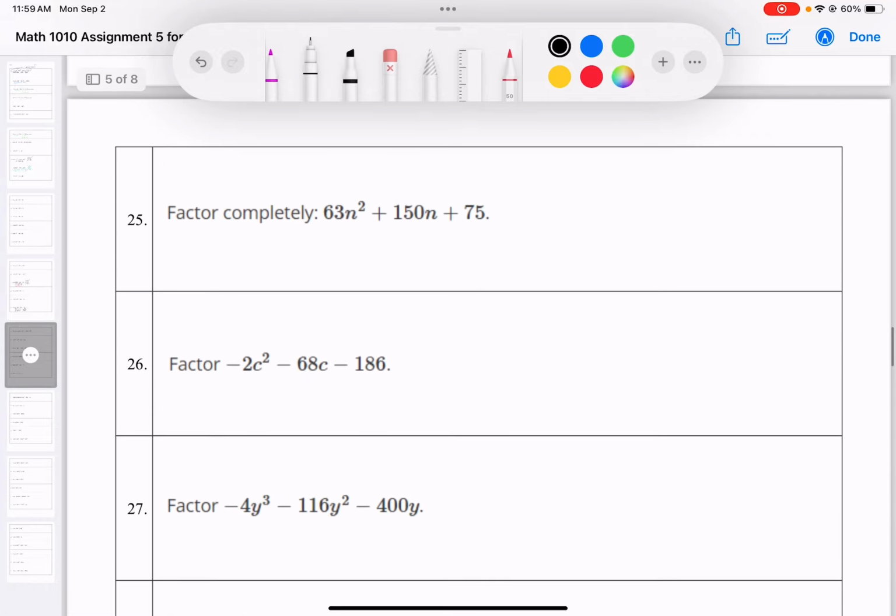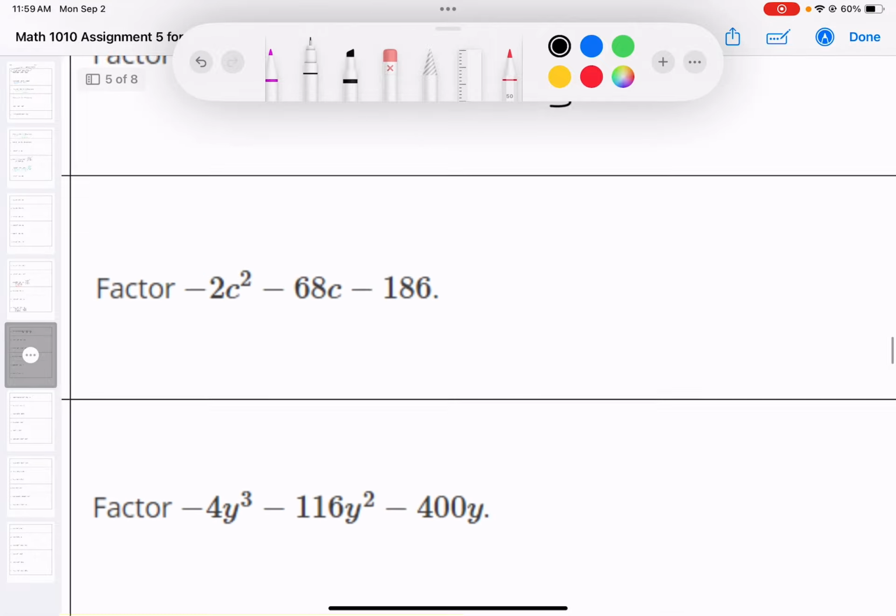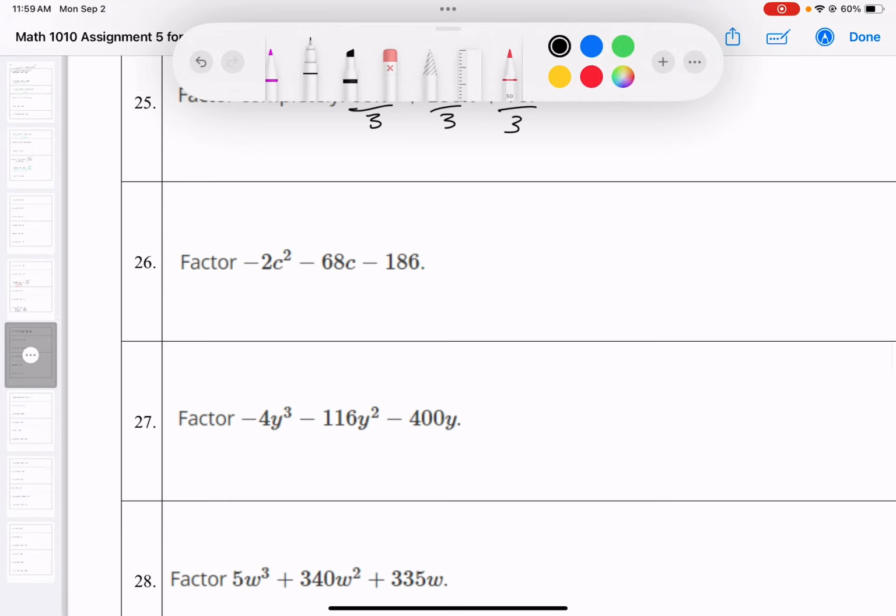All right. Can divide out a 3 on all those. Maybe more. I don't think so, though. That might be it. So again, I want my a factor to be positive. c squared plus 34c plus 186.